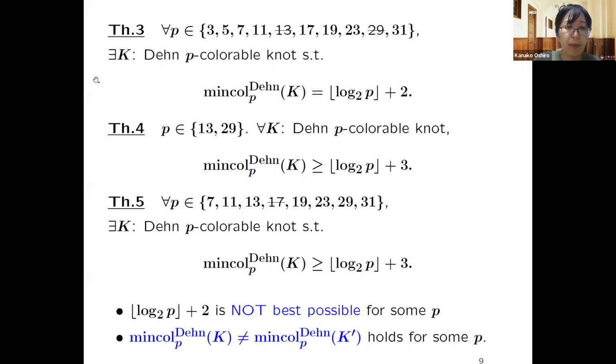And from Theorem 3 and Theorem 5, we can see this: there exist two nodes which can be distinguished by using the minimum number of Dehn p-colors for some p. So these properties are different from the case of Fox colorings so far.